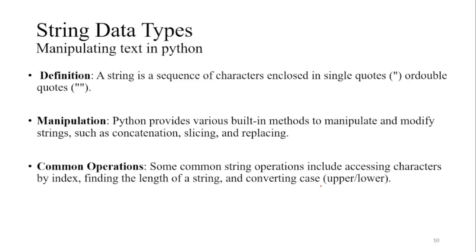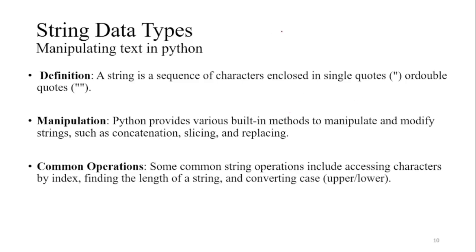And then we have the string data type. That is our fourth data type that we are going to discuss. A string data type is simply a sequence of characters enclosed in either single quotes or double quotes. For example, I want to represent the student name.